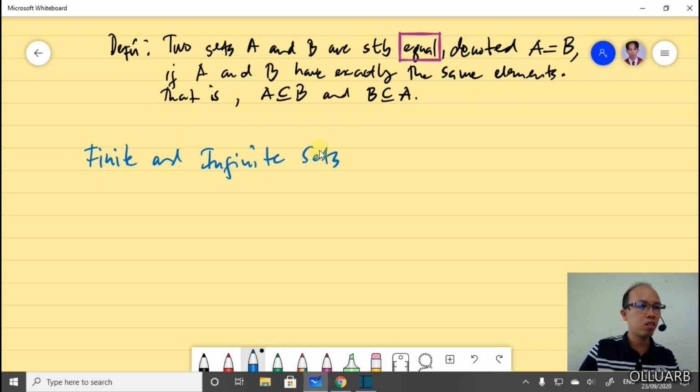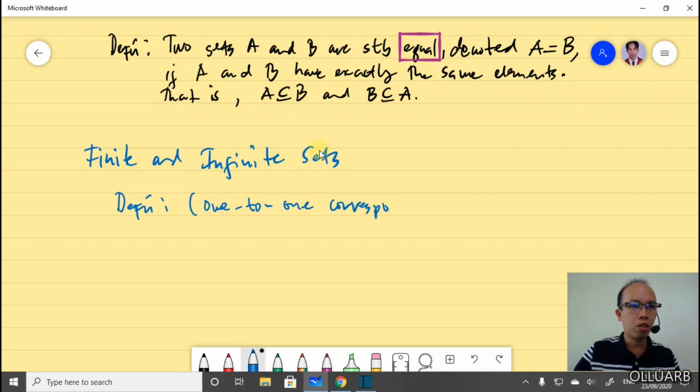Before we define the words finite and infinite, let's have this definition first, the definition of the one-to-one correspondence.